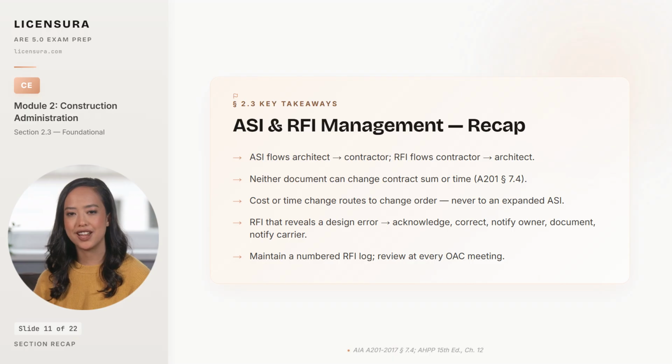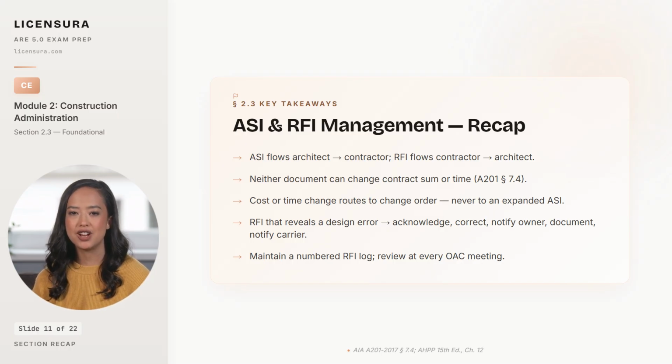5 takeaways from the ASI and RFI universe. The ASI flows from architect to contractor, and the RFI flows from contractor to architect. Opposite directions, complementary functions, and the exam tests whether you can place each one.